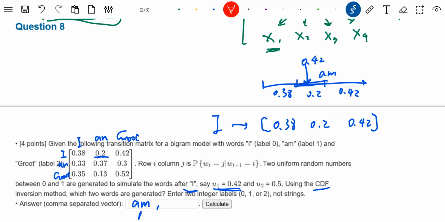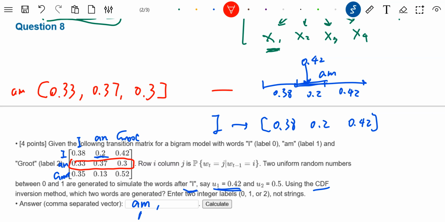Okay, so now you are starting with M. The distribution for the next word would be 0.33, 0.37, and 0.3. So that's starting with an M. You can do exactly the same thing, drawing the number line and figuring out where the number is, or you can compute a CDF.